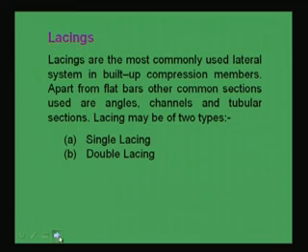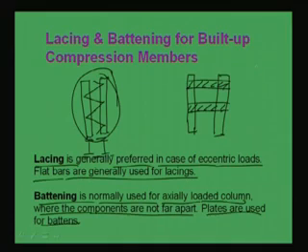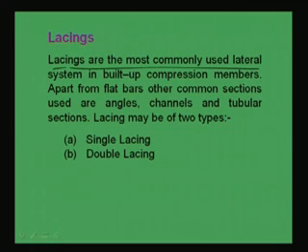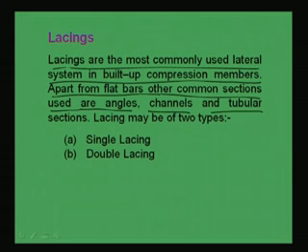We can see that lacings are most commonly used lateral system in built up compression members. Apart from flat bars, other common sections used are angles, channels and tubular sections. So, for lacing generally we use flat bars, and other than that we also use channels, tubular sections or angle sections.